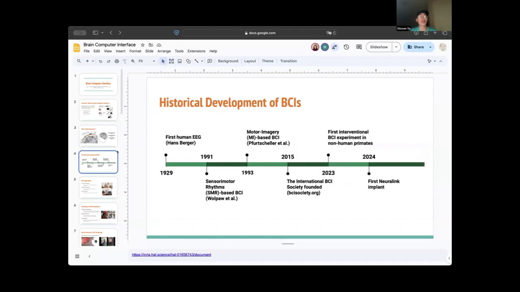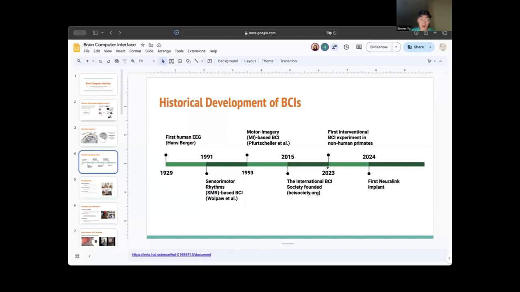If you look at the historical development of BCIs, the first human EEG was recorded in 1929. Then in 1991, after 60 or 70 years, we had the first sensorimotor rhythms-based BCI, the SMR BCI. And then we have the motor imagery-based BCI in 1993. Twenty years later, we finally had the first international BCI society.